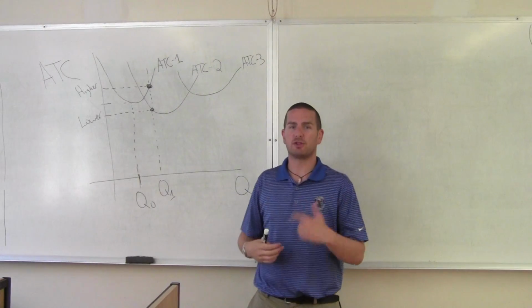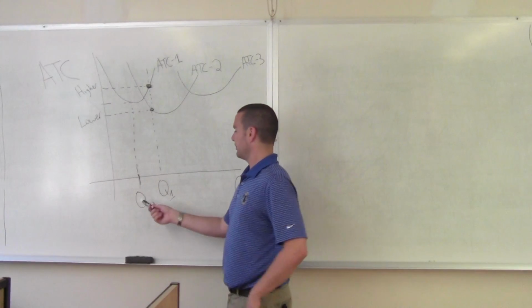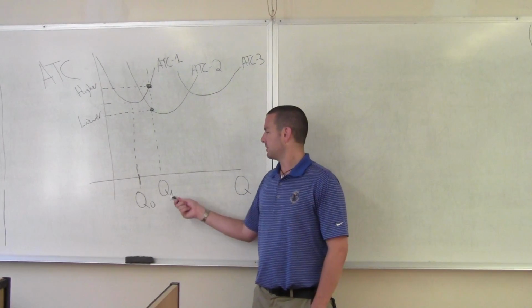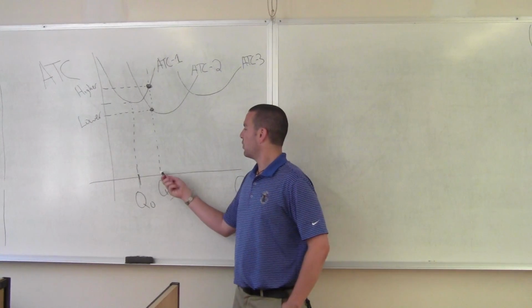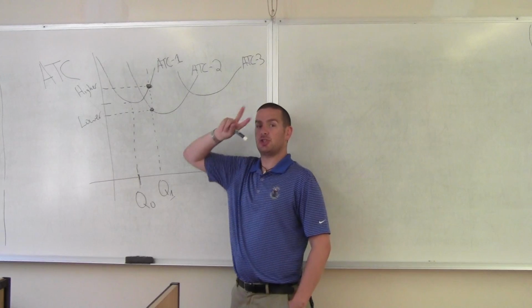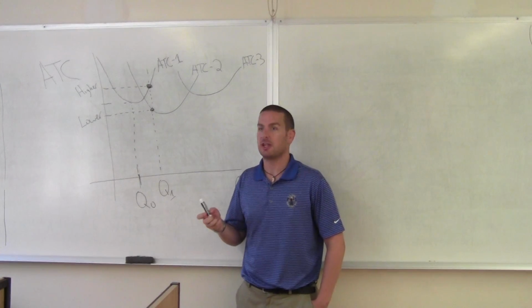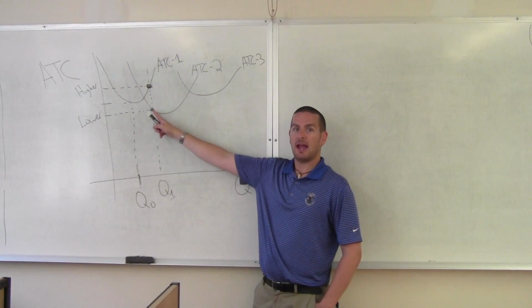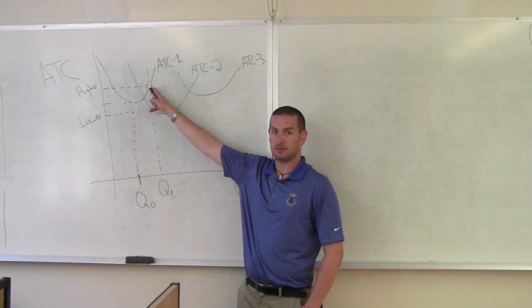I'll go back over this one more time if you're a little confused. Initially we're producing at quantity 0. Let's say we wanted to produce at quantity 1. Quantity 1 intersects 2 of our short run average total cost curves. It intersects ATC2 here, and it intersects ATC1 here.